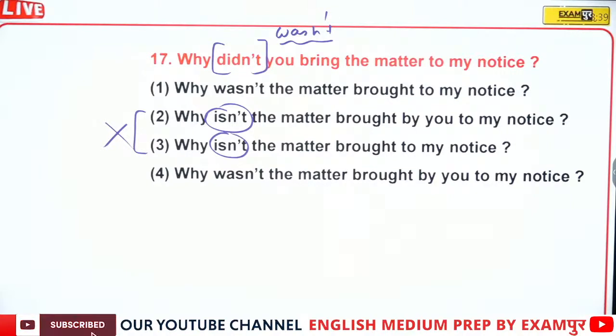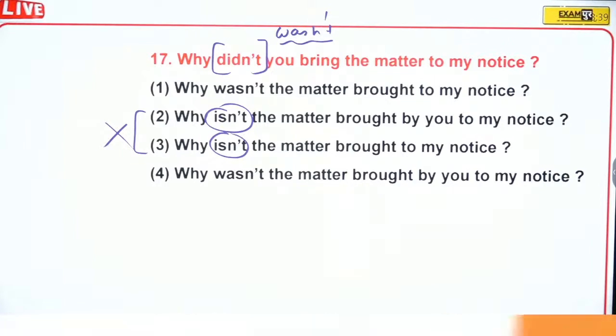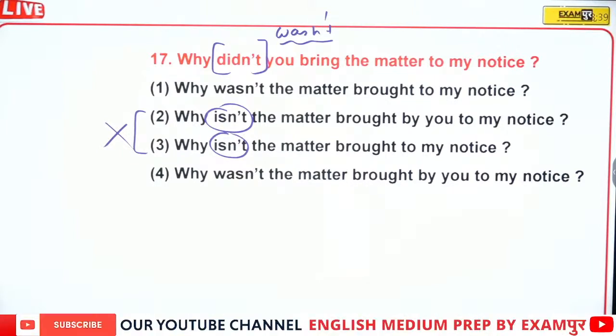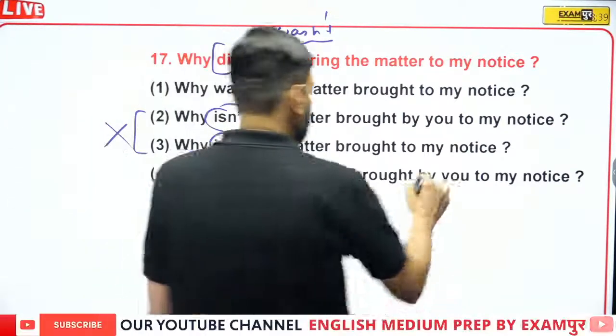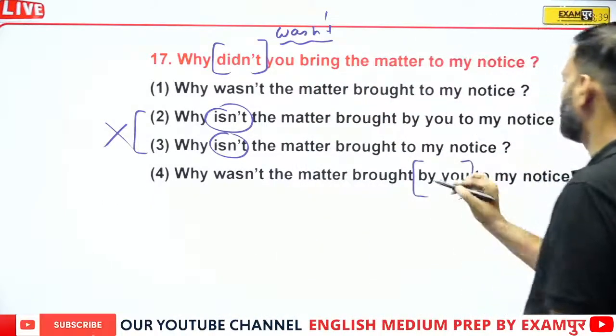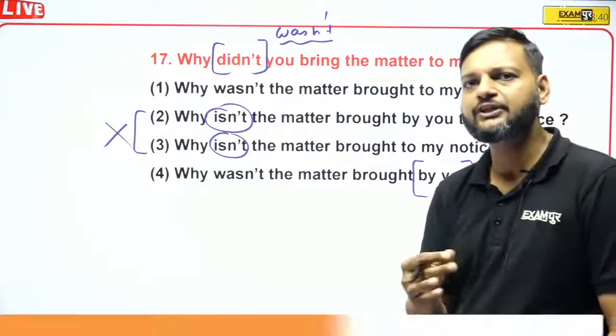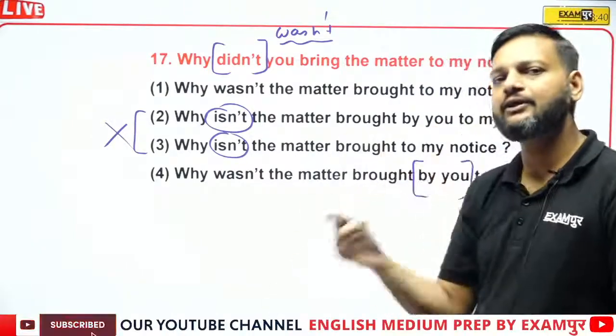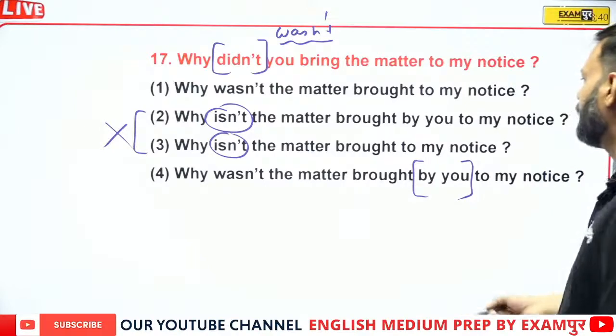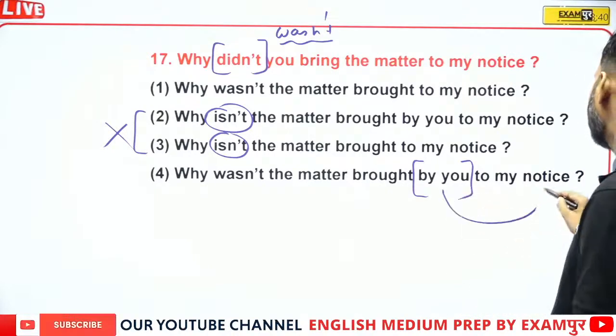Now we have option number 1 and option number 4. Here the position of by you is wrong. If you have to mention the object, it should be at the end: Why wasn't the matter brought to my notice by you?